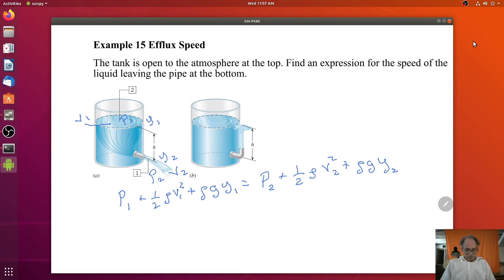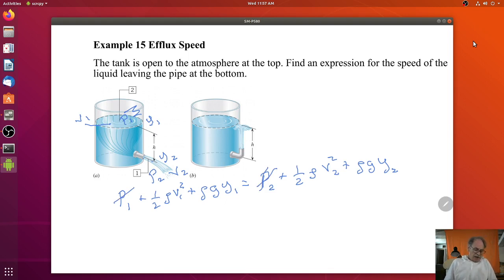Okay. Number one, the pressure up here is the pressure of the atmosphere, 1 atmosphere. And the pressure down here, where the water is coming out, is P2, also the pressure of the atmosphere. So P1 and P2 are the same. I can subtract them from both sides of this equation.